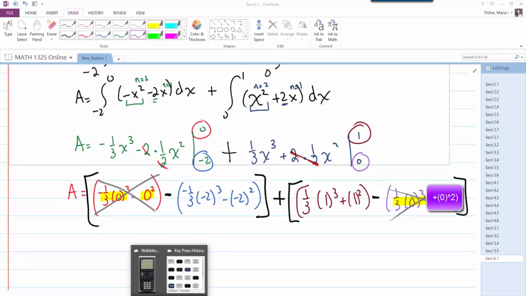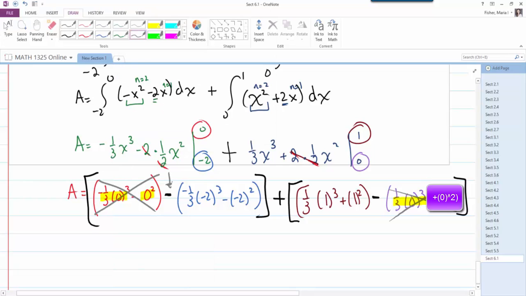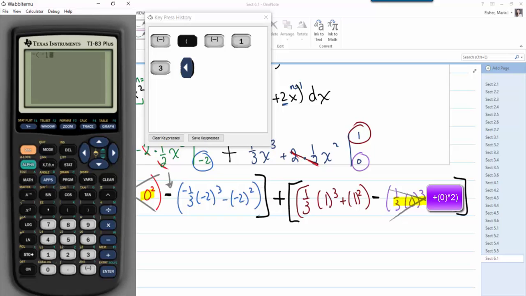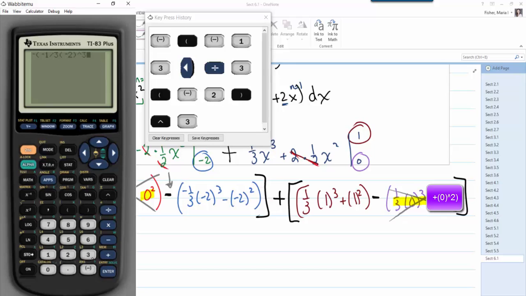So in my calculator, I'm going to place the negative of -1/3 times negative 2 to the third minus negative 2 squared.